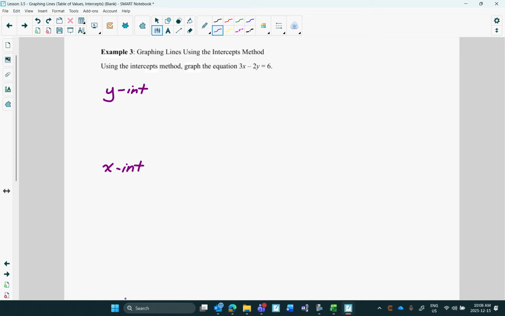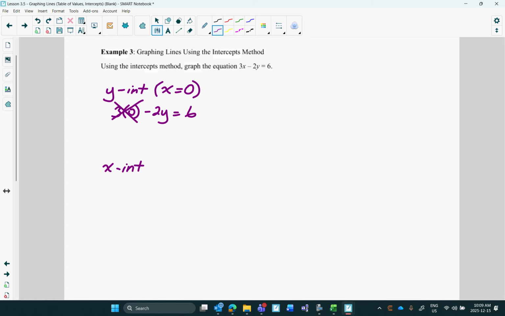What was the value of x at every y-intercept? So here's what you do. Plug 0 into the equation. So instead of x, it's 3 times 0 minus 2y equals 6. What's 3 times 0? 0.